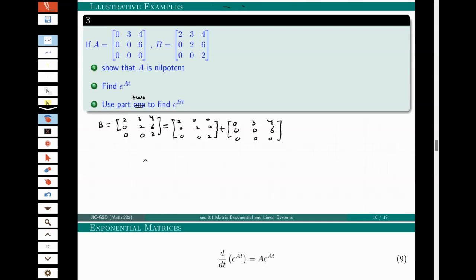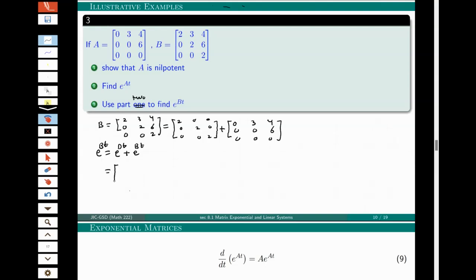If we add these, you will get that one. So this means e to the power b will be e to the power d, which is the diagonal matrix, plus a. Okay, so that will be equal to, of course, d. If we say t here, it will be t there and t there.